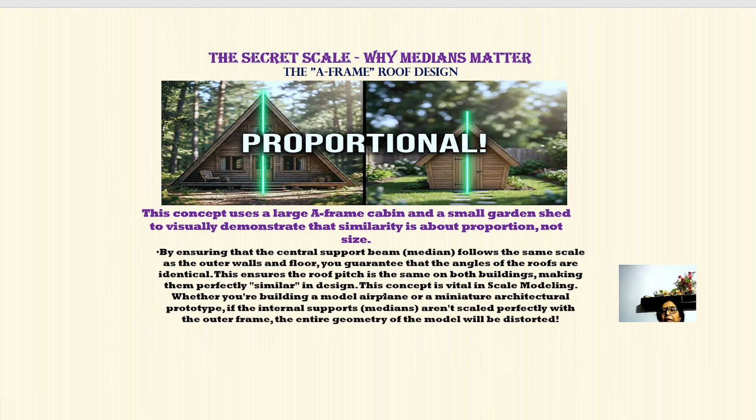So when we are creating miniature architectural prototypes of buildings, we must see to it that these vertical angles, with the help of the medians, you have to check the proportionality of these medians or the vertical structures that come down, that they are in the same scale factor as the sides and the floor distance.